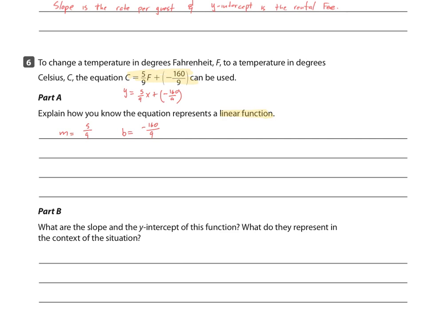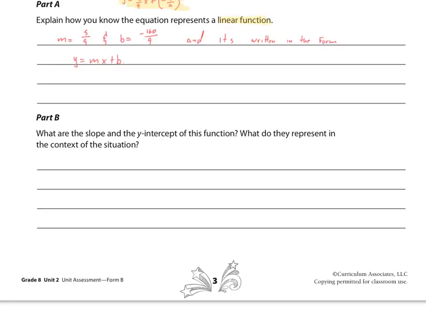So it has a rate of change. It has an initial value. So those are two things that we have. And the main part is that it's written in the form y equals mx plus b. And that'll be all.